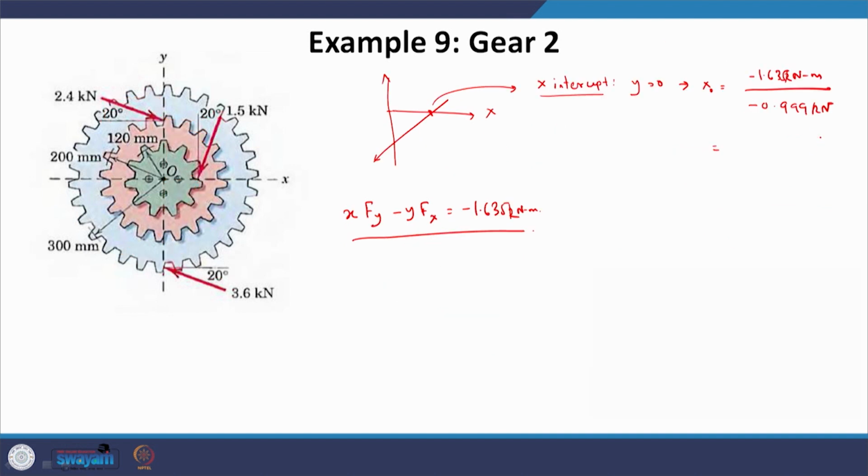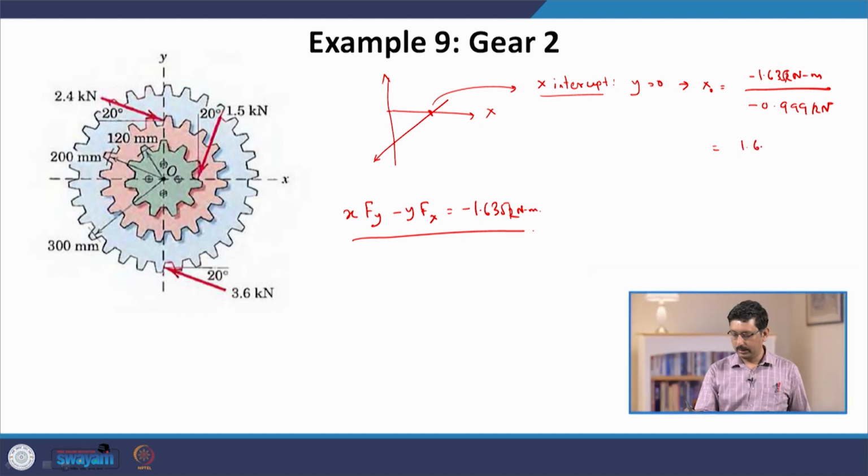The value of this turns out to be 1.637 meter. Note that I am deliberately writing the units so that we do not make any mistake with the units.